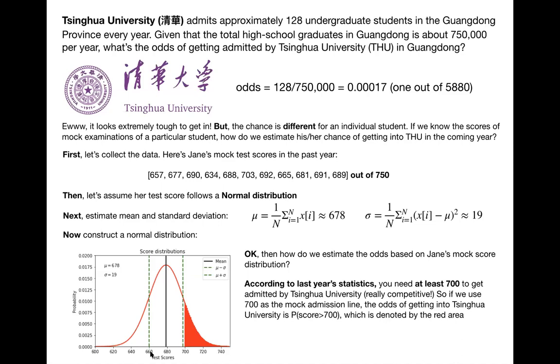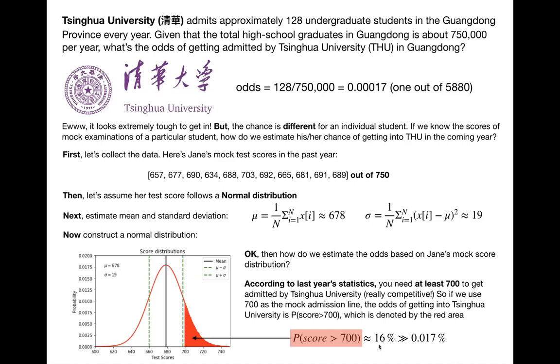Using the table of the Gaussian distribution, we work out the area of the red shaded region, and that's about a 16% chance for Jane to get in next year.